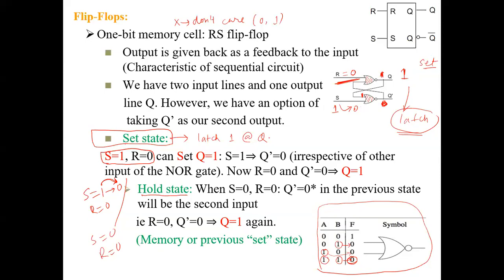Remember, this is 1, right? That's my bad. This is 1. This is 0, right? So 1 and 0 gives 0. So then this is 0. Now this is 0, and this is 0. 0 and 0 gives 1. So this is latched now.